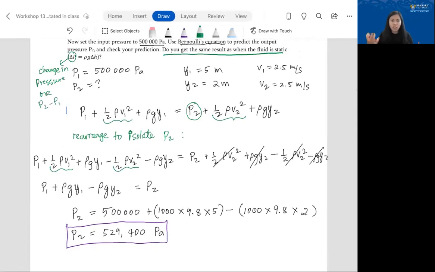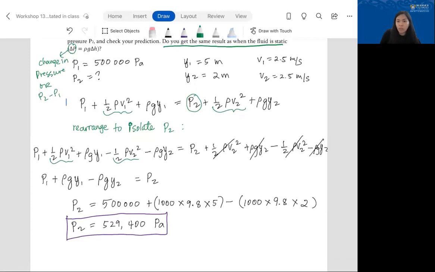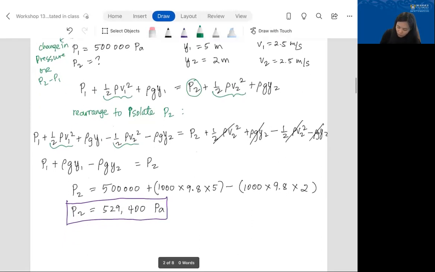Yeah, the pressure changes when the elevation or the height changes. And in lecture 12, we learned change in pressure is equal to the gauge pressure, rho G times the change in height. So will you get the same result if you've gone through Bernoulli's equation to find P2 and then find delta P? Will you get the same result as to just using the definition for change of pressure is equal to rho G times the change in height?